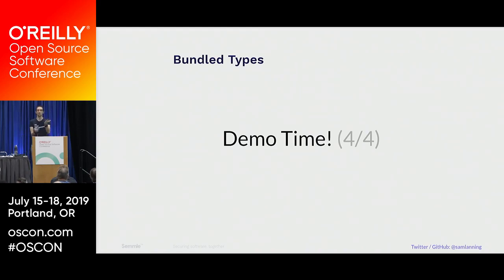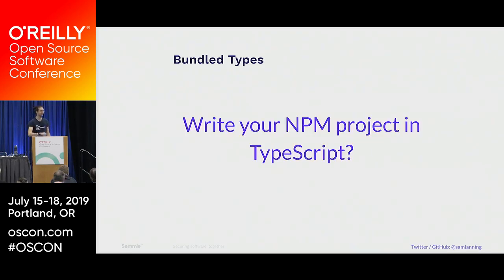But that might still require a lot of manual work, updating at least the type definitions within your repository alongside the JavaScript code. So I would highly recommend, if you're writing an npm project, write it in TypeScript to begin with so that you can automatically get the type declarations created for you, and it will save you a lot of work.